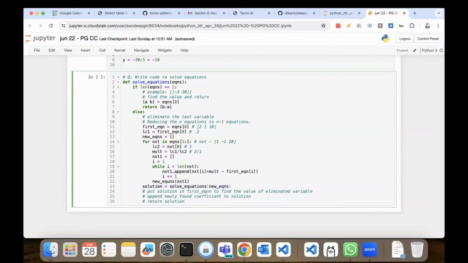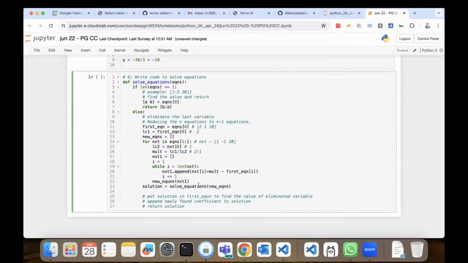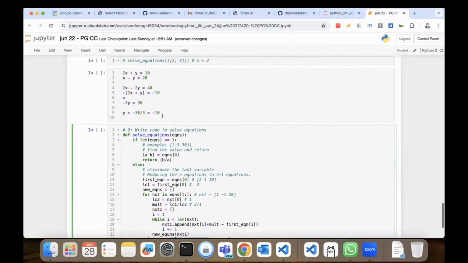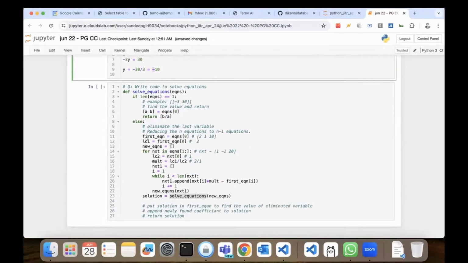Now look at this. Now we are assuming that this thing will solve for n-1 variables. Okay. Now, if you know how much is y, can you figure out x using the first equation? You have the first equation, right? Yes, Sandeep. So you know this is 2x plus y equal 10.